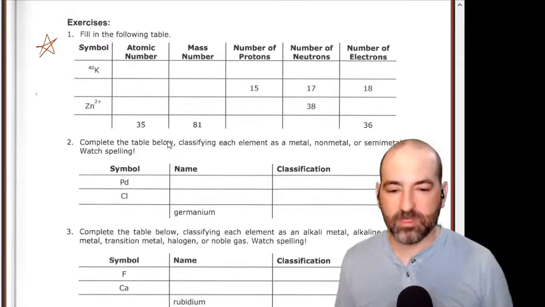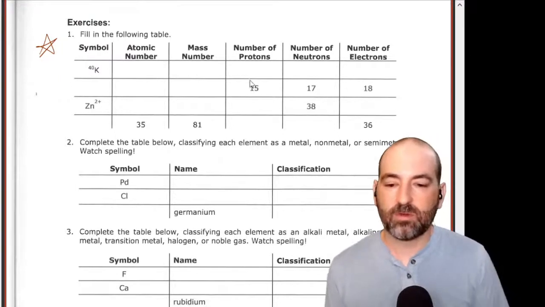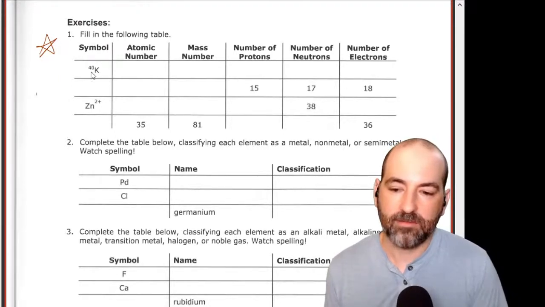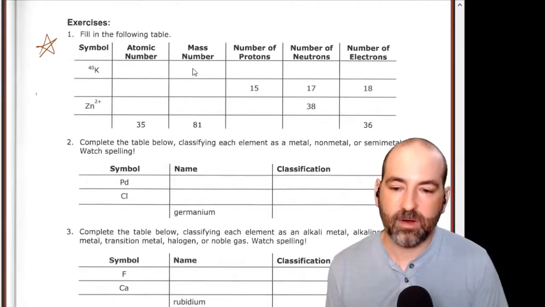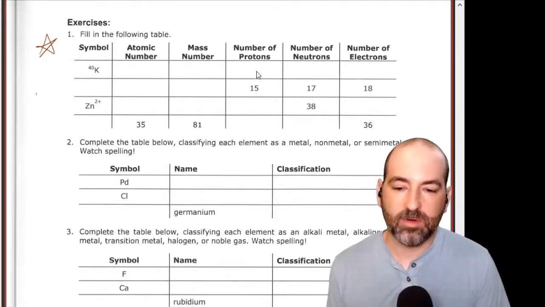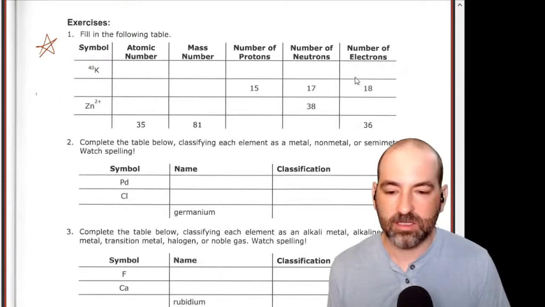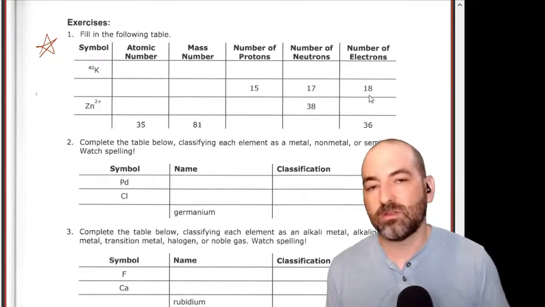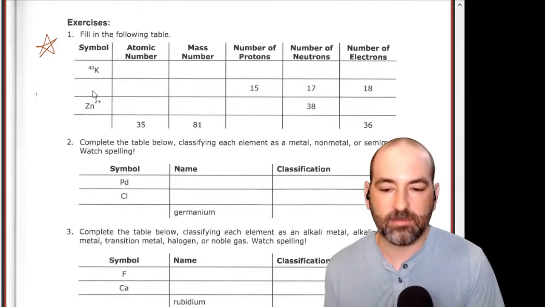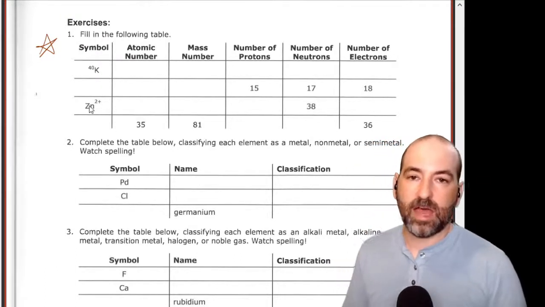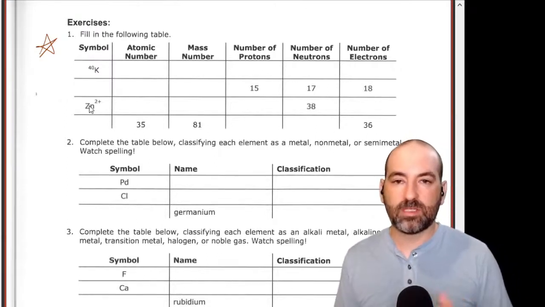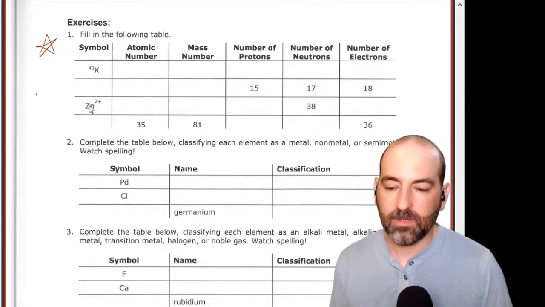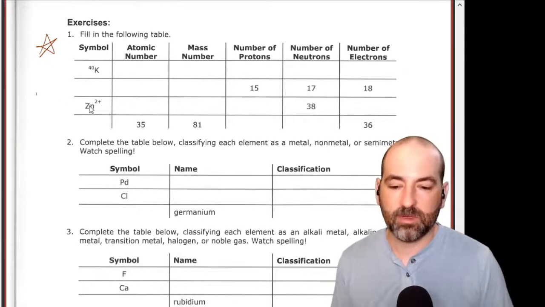By the time you're done with this, you should feel comfortable filling in a table like this, where you have a symbol, and from that symbol, you can get the atomic number, mass number, and then the numbers of protons, neutrons, and electrons. And sometimes if the symbol is not given, but the numbers of those particles are given, you can work backwards and fill in that symbol as well. So that's your goal here: you should be able to figure out the numbers of these different particles and then work with some of these symbols.